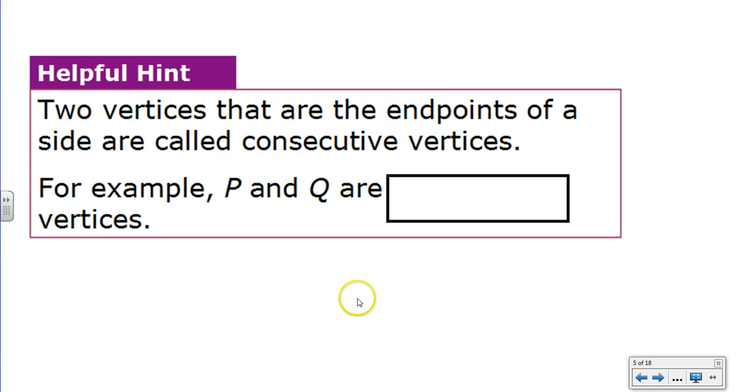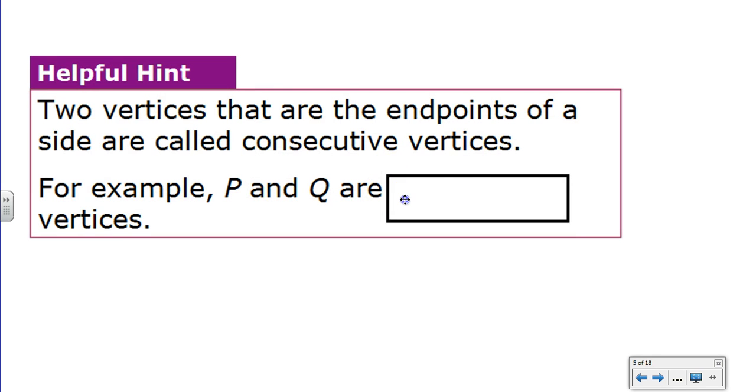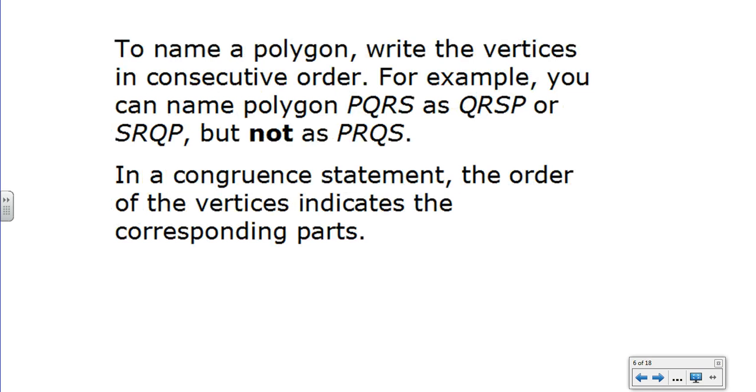So P and Q here are consecutive vertices. To name a polygon, write the vertices in consecutive order. For example, you can name polygon PQRS as QRSP or SRQP, but not PRQS.